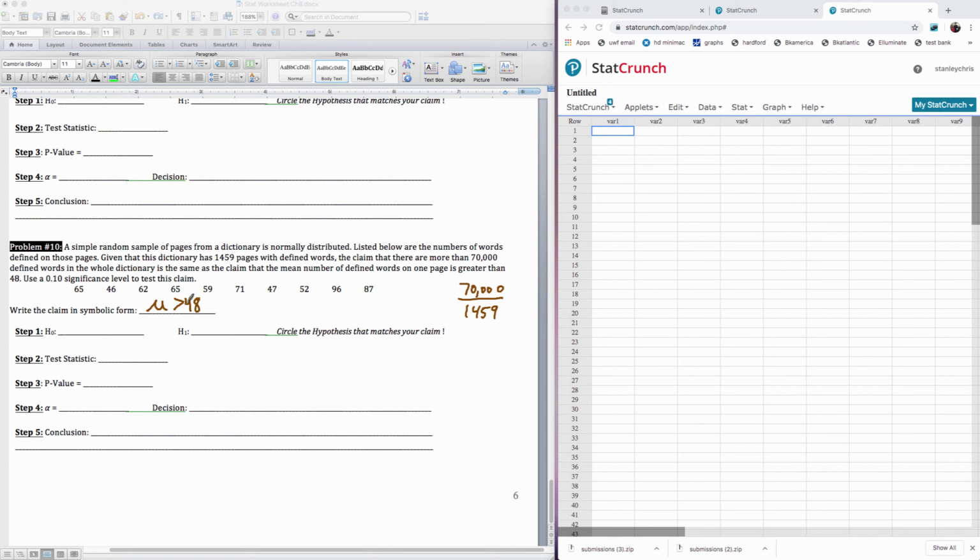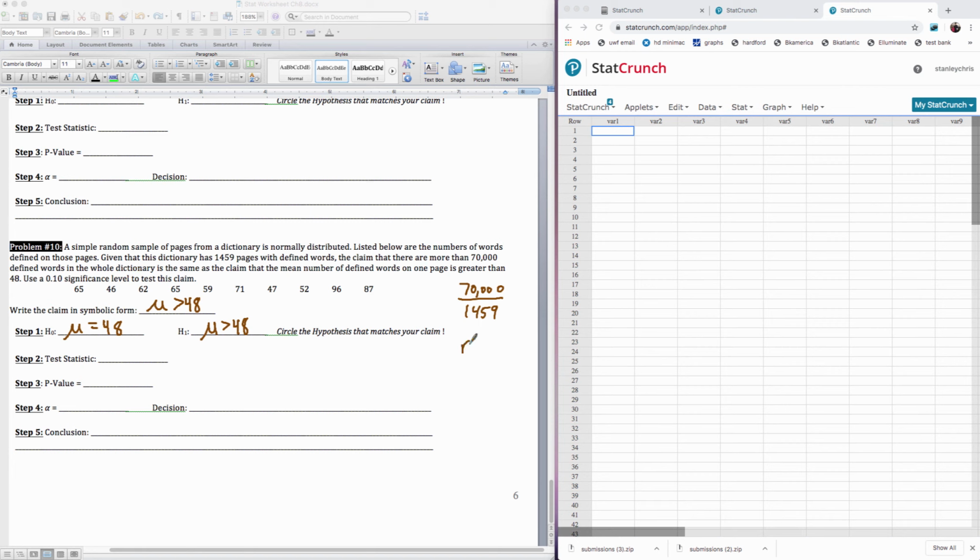Okay, so once you get the true average greater than 48, your alternative will be greater than 48. So your null will be that it is 48. Okay, so if every page has 48 in the whole book, then you would get 70,000 and they would be wrong.